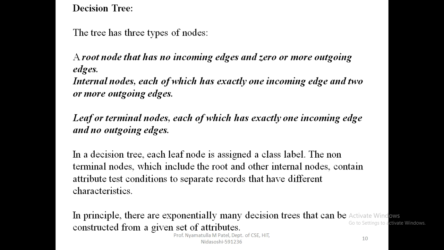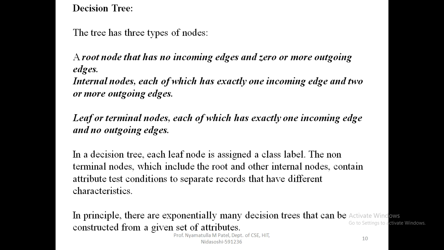Testing of the different attributes will be done at the internal nodes or at the root node. The non-terminal nodes contain the attribute test conditions to separate the records that have different characteristics.